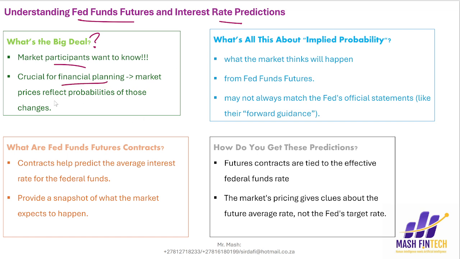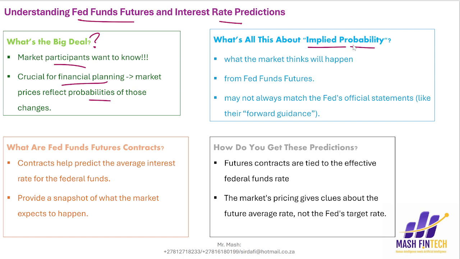The market reflects probabilities of those changes in interest rates. So the market is going to tell you whether or not there is a likelihood the rate will change. What are these probabilities? What is all this about implied probability? The implied probability basically shows you what the market thinks is going to happen in the future.